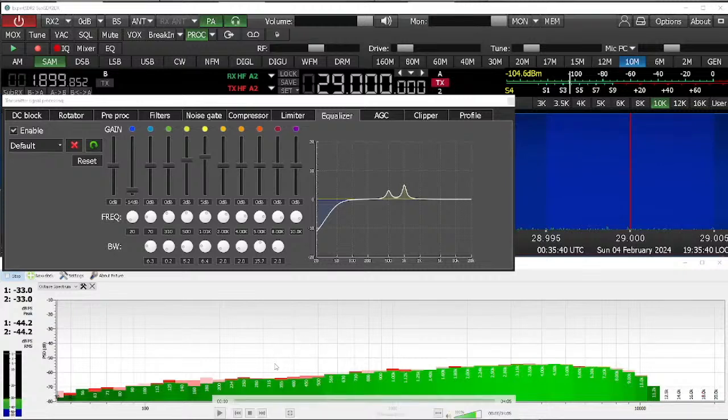So what I was looking for mostly was the spectrum analysis. I wanted to see, by making some changes, what happened to my audio. And I think you're going to be quite intrigued. Remember what that spectrum looked like on those guys yapping on the AM broadcast station?